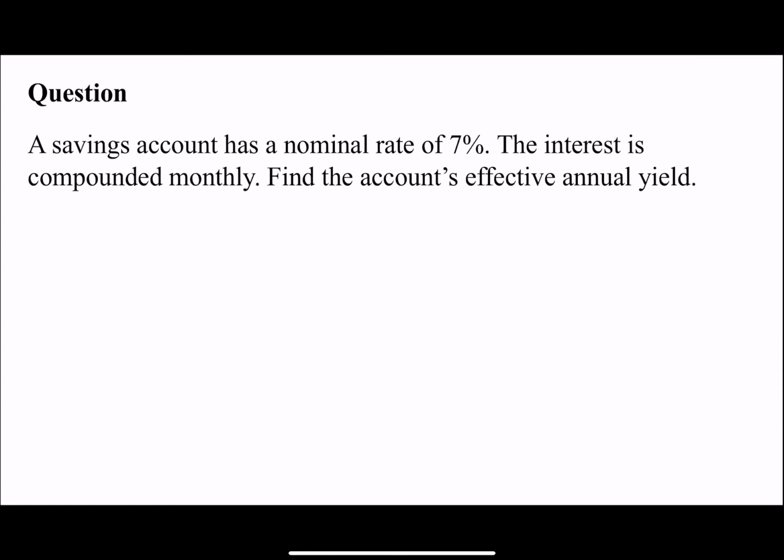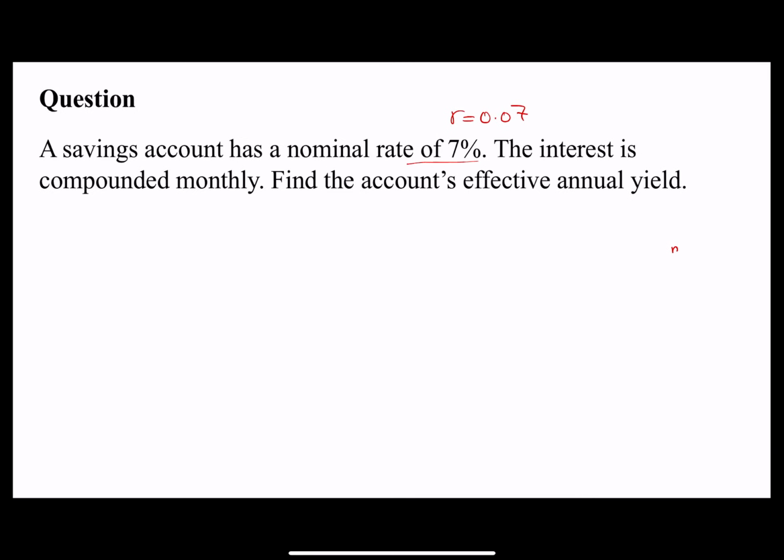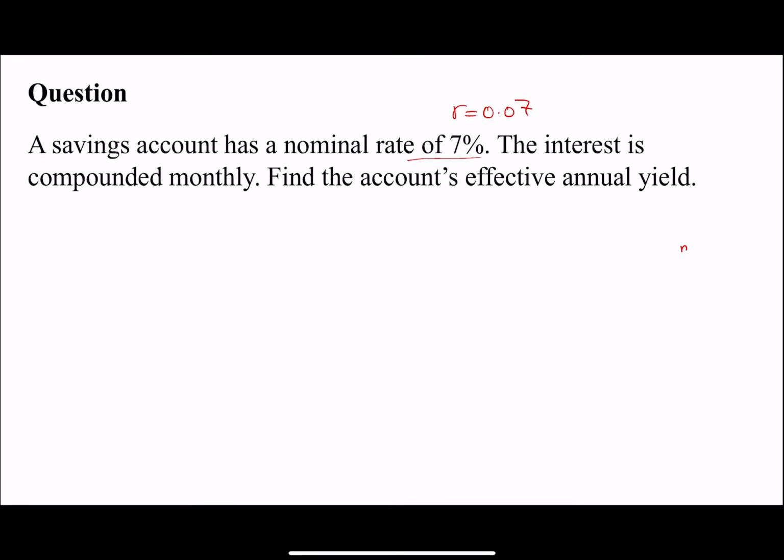Now here it says we have a savings account with a nominal rate of 7%, so R is 0.07. The interest is compounded monthly, so n is equal to 12.